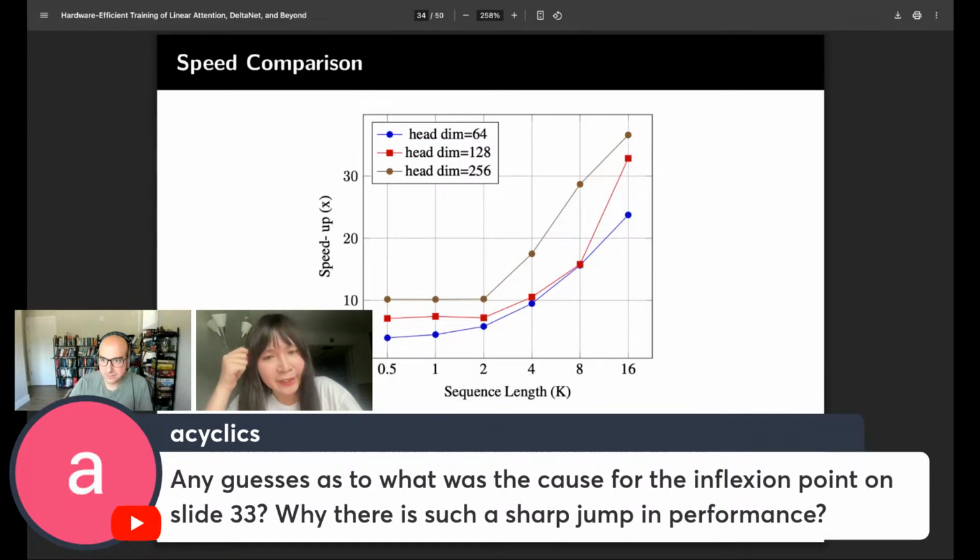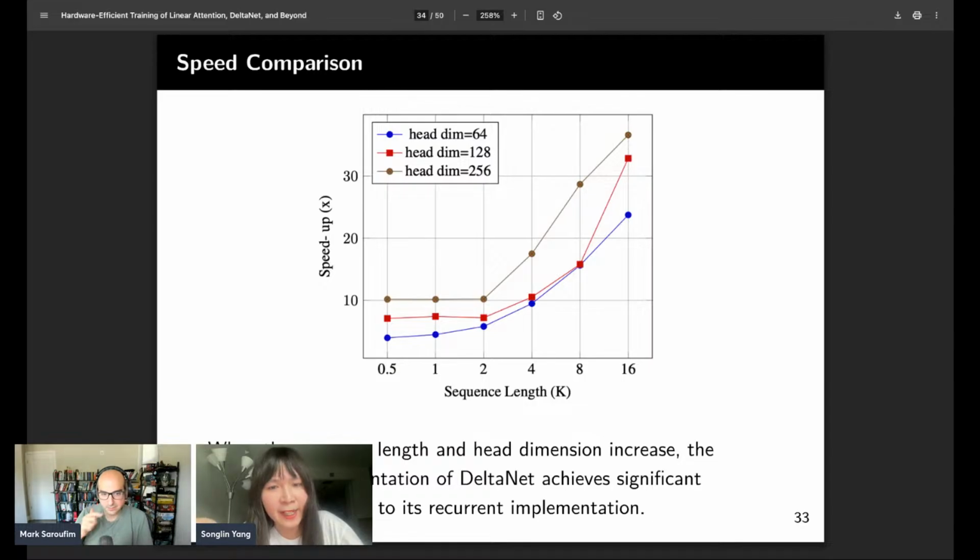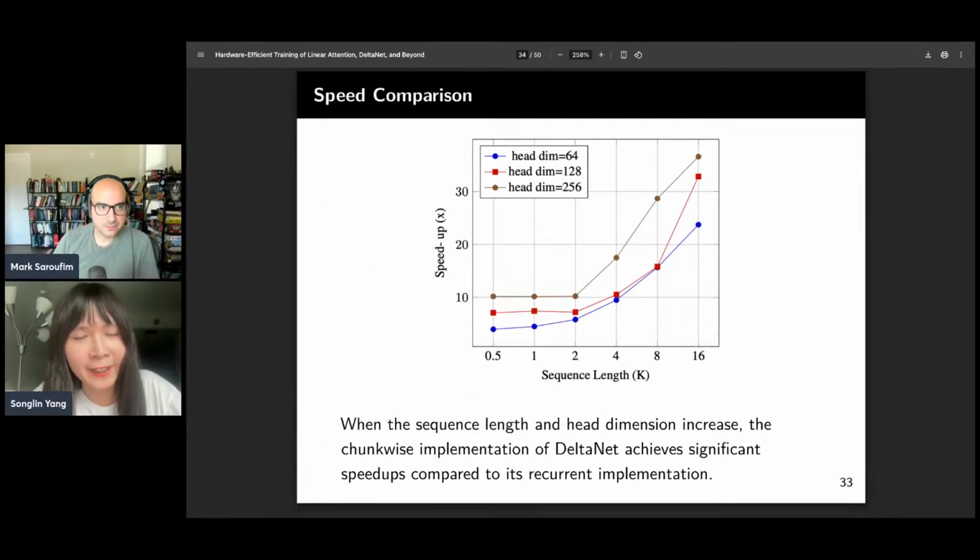I think the sudden jump is because in this throughput benchmarking, when I increase the sequence length, I also lower the batch size. This is actually a very good question. In practice, on each GPU we often fix the number of tokens in each mini batch.